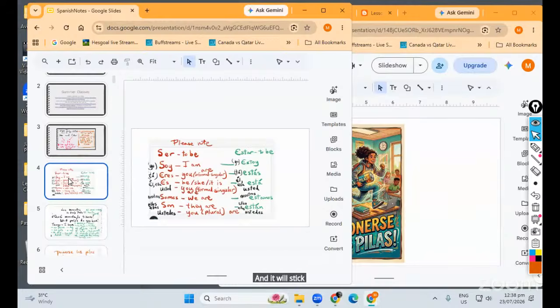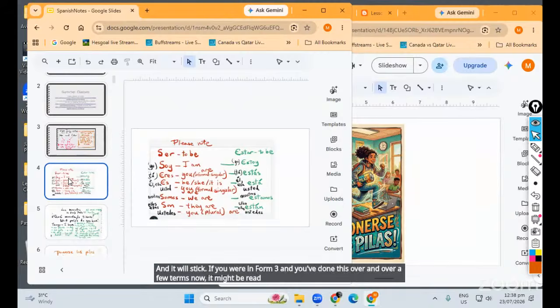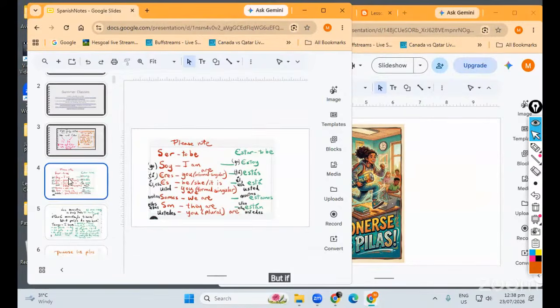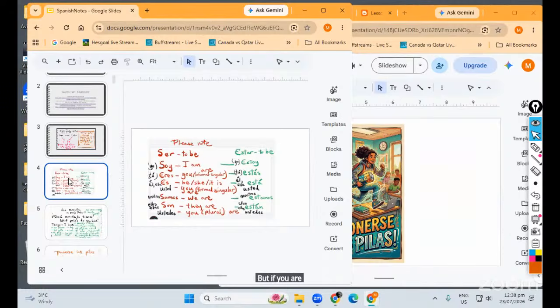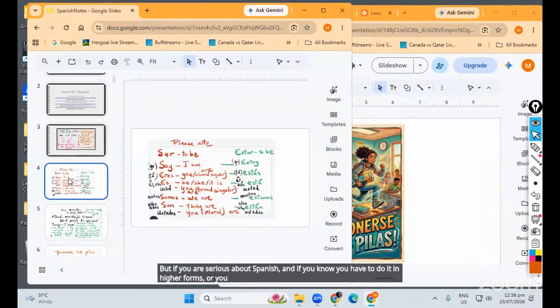If you're in Form 3 and you've done this over and over a few times now, it might be read it over once and it's stuck. But if you're meeting it for the first time, be prepared. You might have to look at it 10 times, 20 times, 100 times for it to stick. But if you are serious about Spanish, and if you know you have to do it in higher forms, or you're going to choose to do it in higher forms, you need to learn it, right?